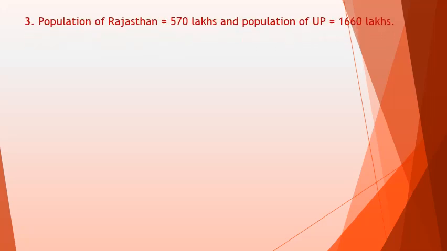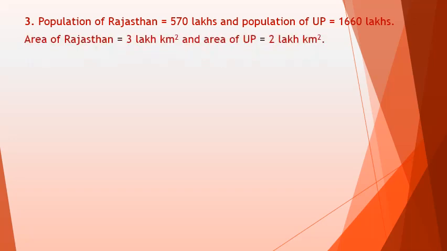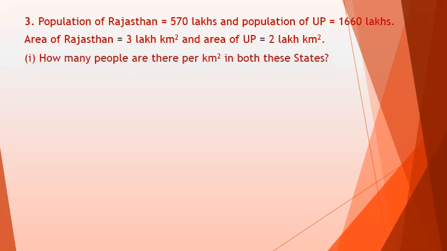Next we can move to our third question. Question number 3: population of Rajasthan equals 570 lakhs and population of UP equals 1660 lakhs. Area of Rajasthan equals 3 lakh kilometers square and area of UP equals 2 lakh kilometers square.